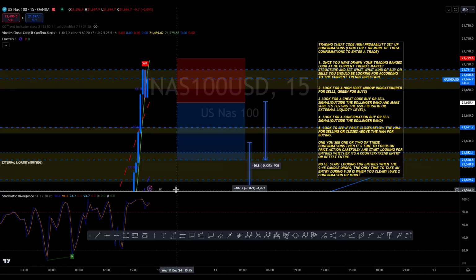Really curious to see what price is going to be at this point. There's a possibility that price might test this area again.